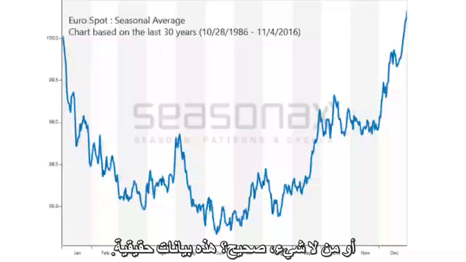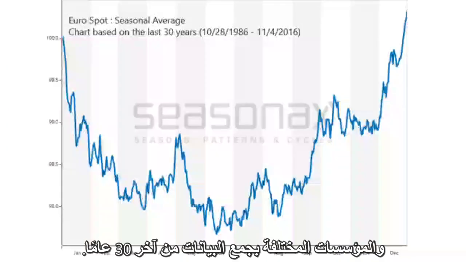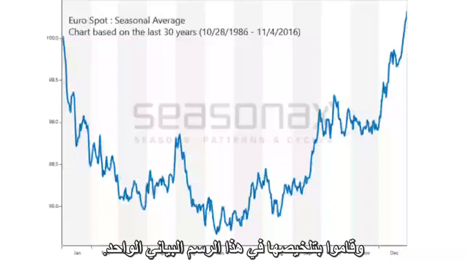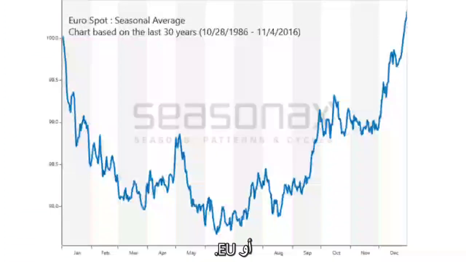This is real, actual, and factual summarized data of EU from the last 3 decades, right? Firms and different institutions have gathered data from the last 30 years and they've summarized it into this single chart. And this chart basically shows us the average of what Euro USD or EU has done, right?